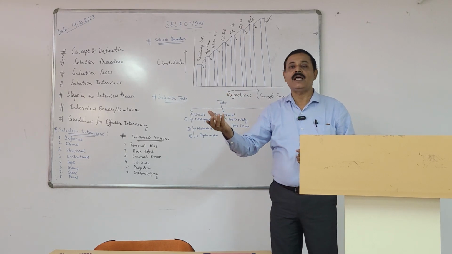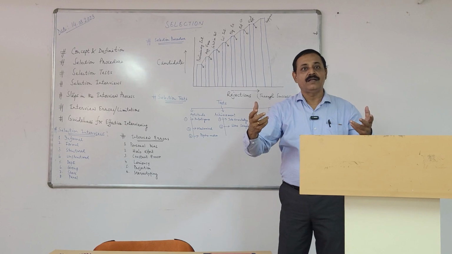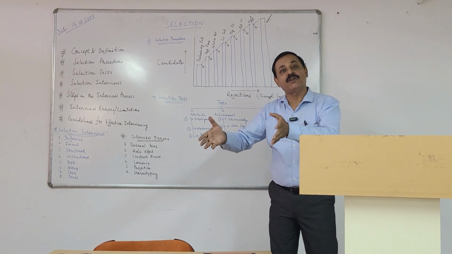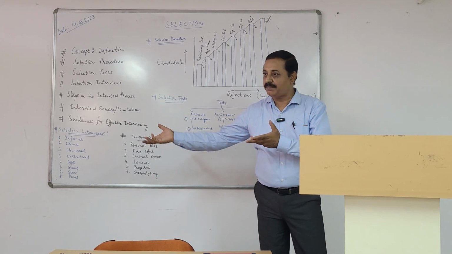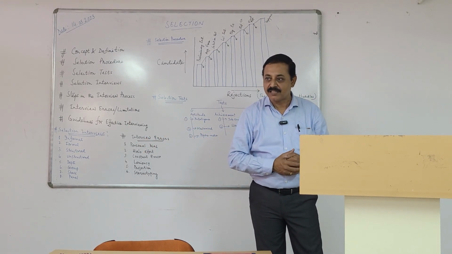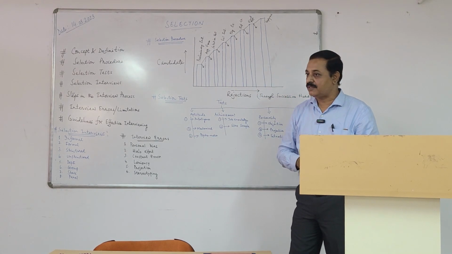And it would also help to assign certain jobs wherein the person can be deputed even with physical deformities. Physically challenged people also can be deputed for certain tasks. So this serves multiple objectives.